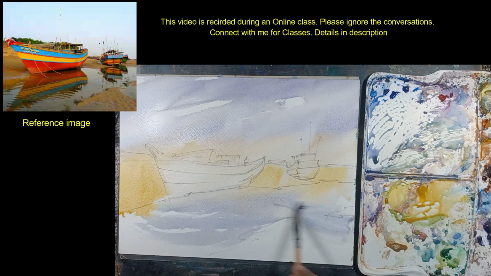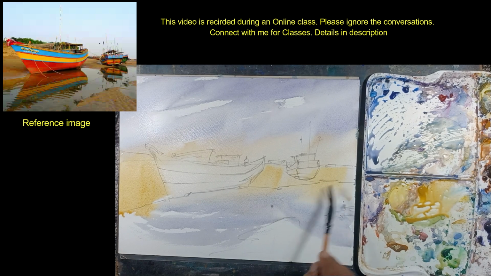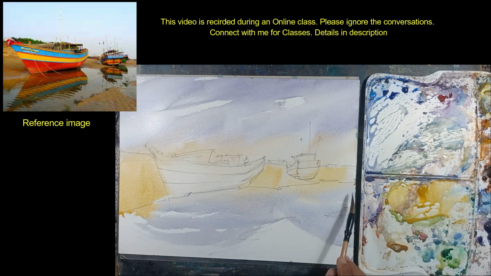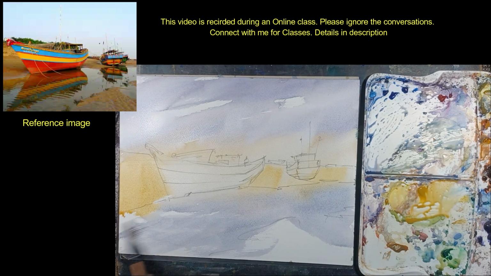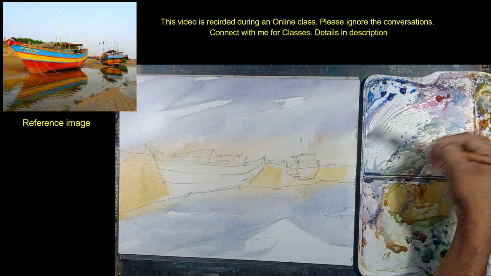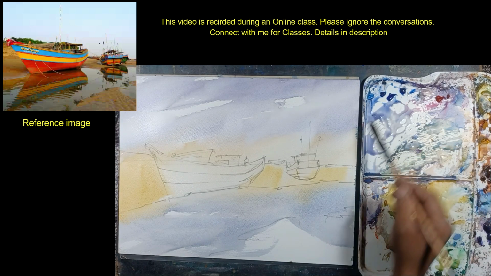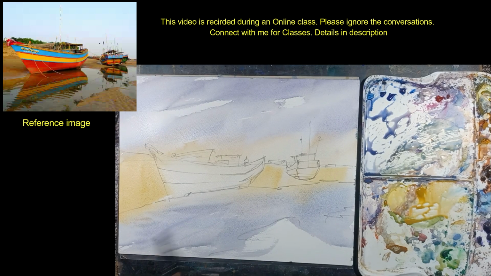So wherever there is water, just take a little bit of the blue and crimson mixture and apply it in that area. This all has to happen very fast. You cannot go slow, because right now it's summertime, everything will dry very fast.